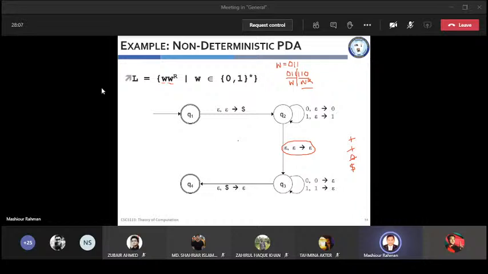And to do that, I have already said we will be using a dead state, which will represent that for every other choice, it will go to the dead state. So in that way, we can make it deterministic. But of course, that is a tedious job. So that's why we will try to relate PDA with CFG rather than going for a design phase of PDA directly.